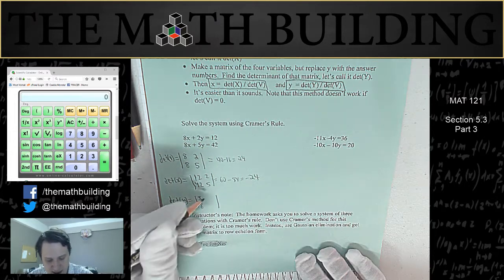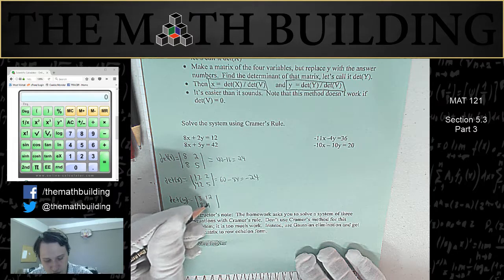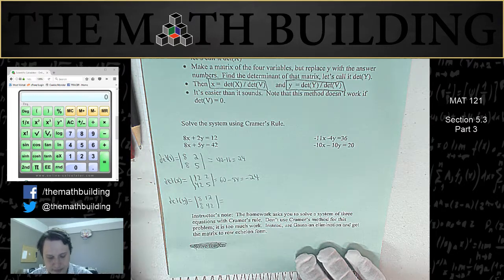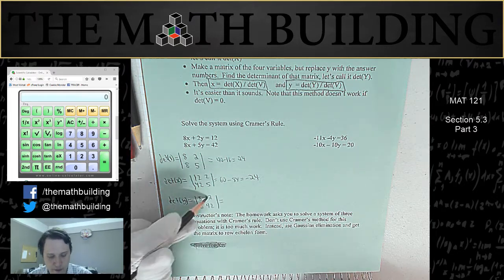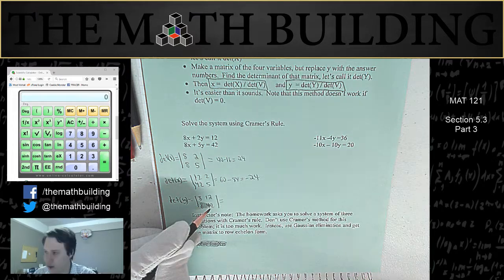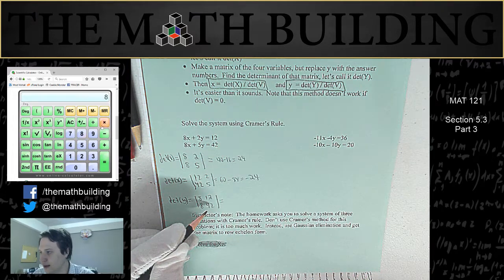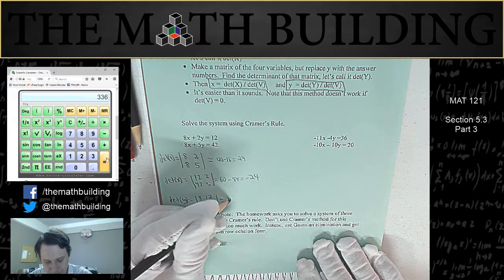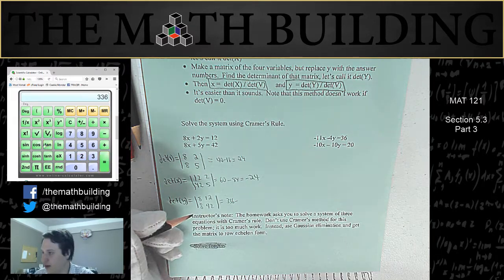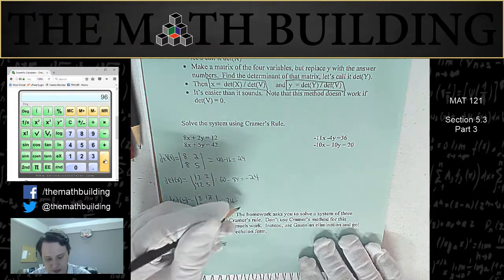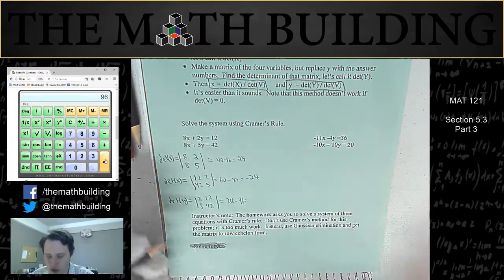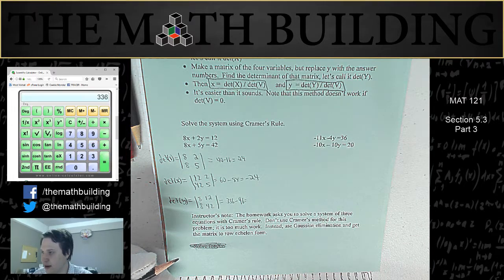So it's 8, 8, 12, 42. 8 times 42 is 336, minus 8 times 12, which is 96. So it's 336 minus 96, which is 240.